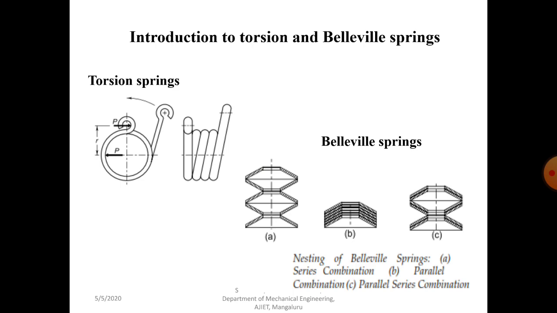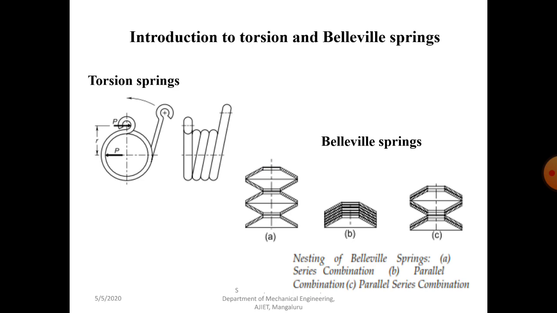It has some important advantages. One of the important advantages is that the construction is very simple and easy to manufacture. The Belleville spring is a compact spring unit.